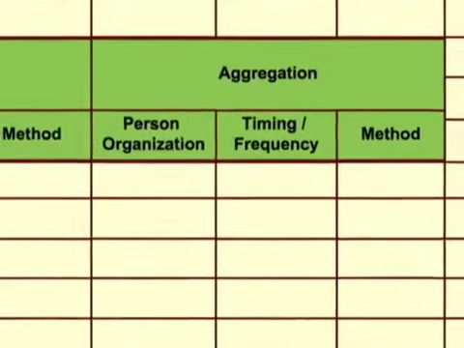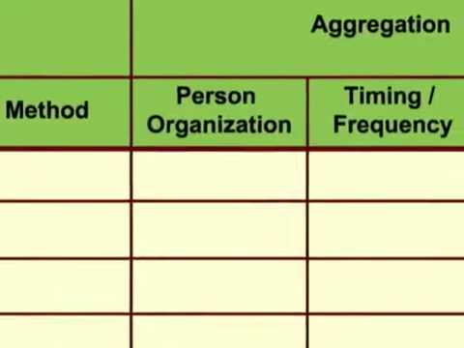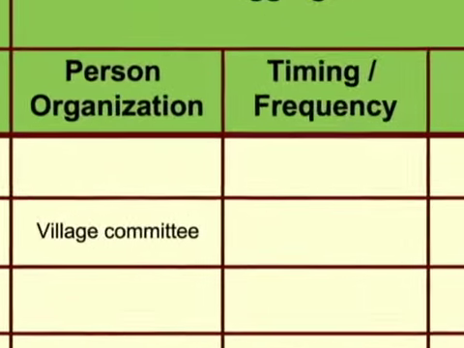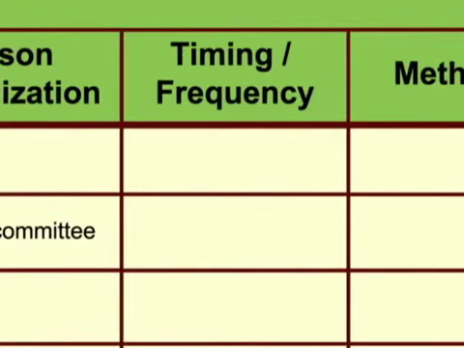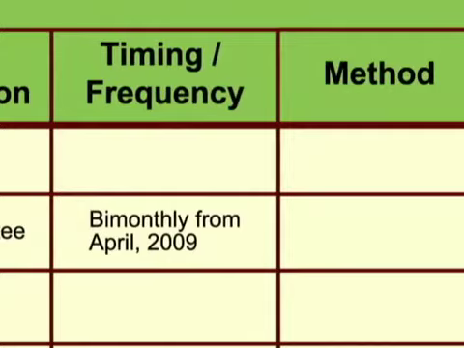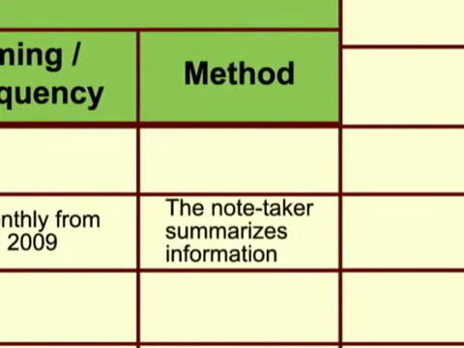First, the cell for person or organization is filled in describing who aggregates and processes the collected information. Here, let us state that the note-taker of the village committee will do the work. As for timing and frequency, it is recommended to aggregate bi-monthly from April 2009. Then, the method will be the note-taker summarizes information.